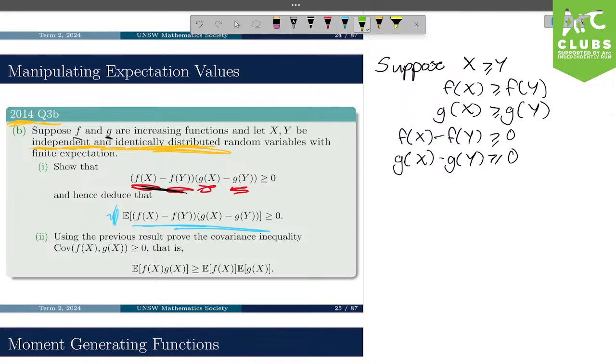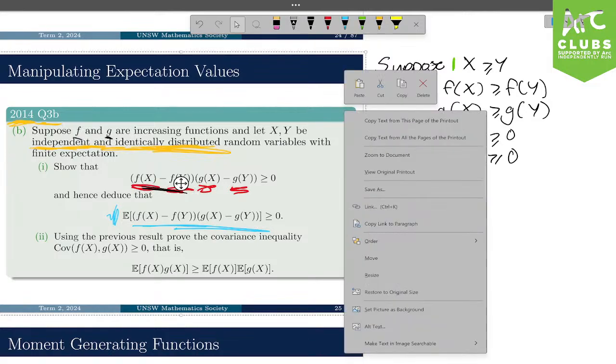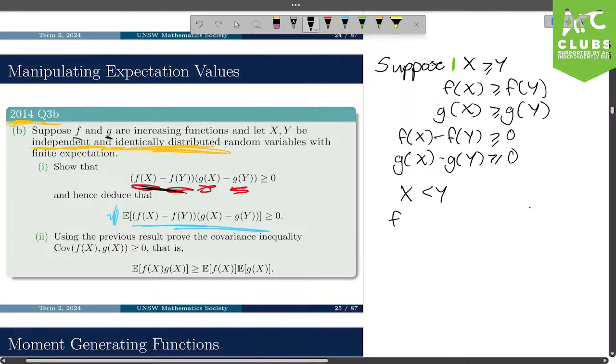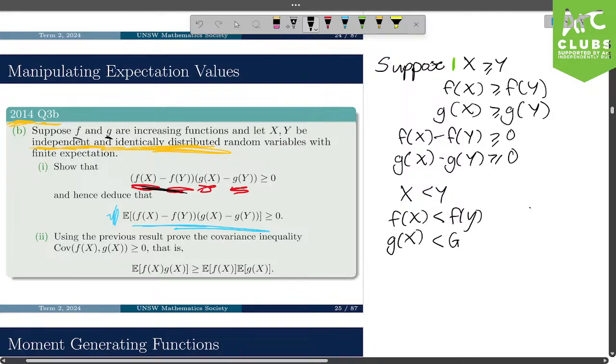Well, what if this condition is not true? Else x is less than or equal to y. Maybe even you could say less than y, just to be more accurate. Well, then f of x is less than f of y, and g of x is less than g of y.